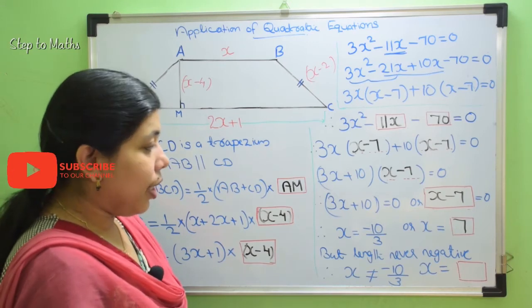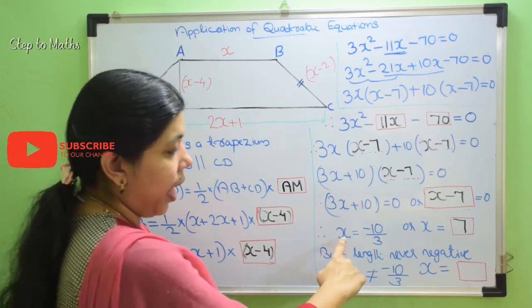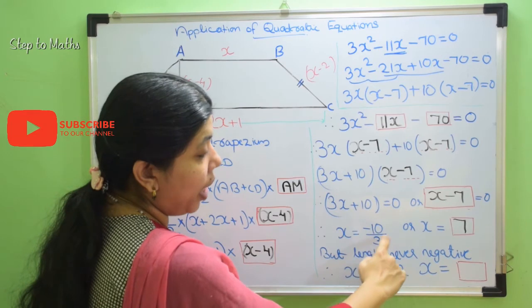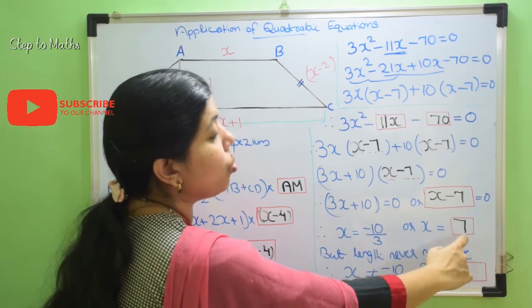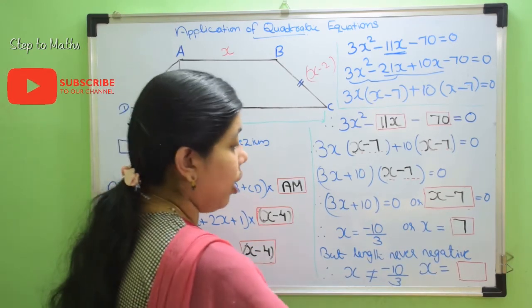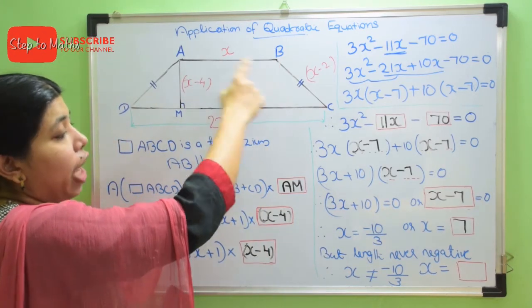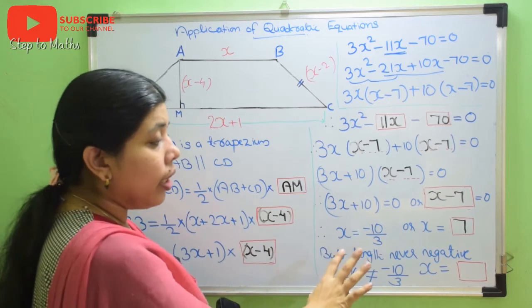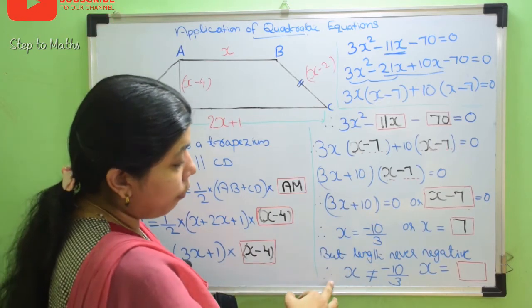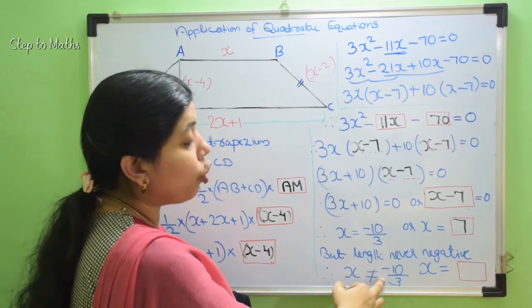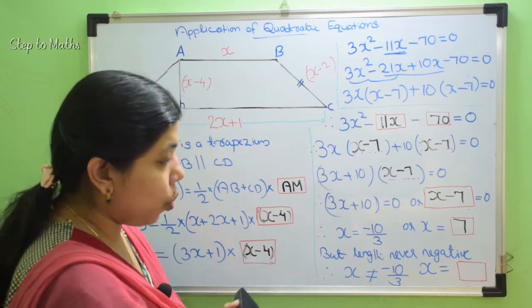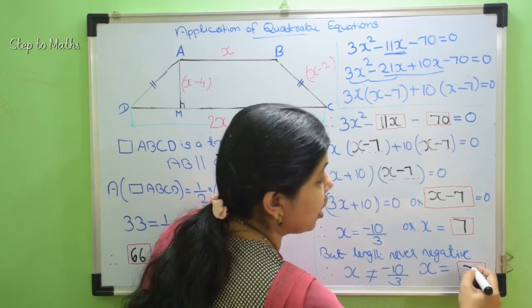Now we get the two values, x is equal to minus 10 by 3 or x is equal to 7. Here x is the length of the side AB. So length is never negative. Therefore we can write x not equal to minus 10 by 3. So we can write x is equal to 7.